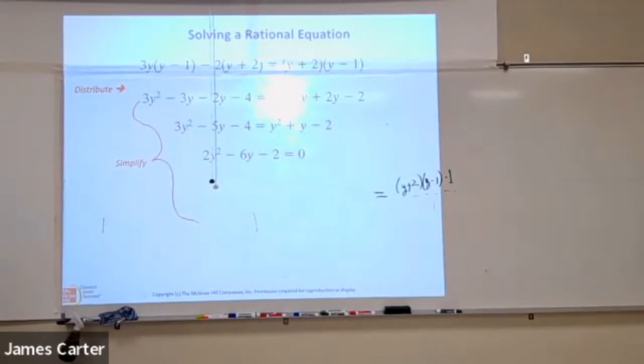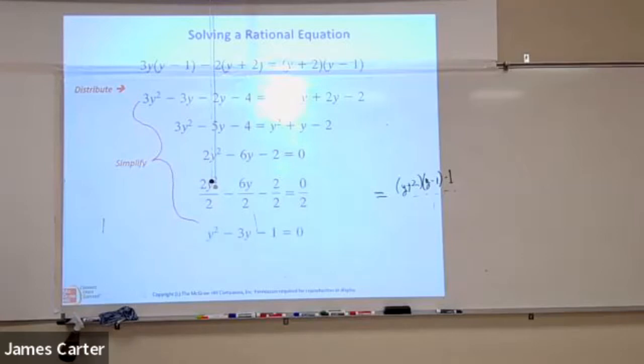Now, here is something I can either factor or use the quadratic formula on. In this case, what they did first is they see that 2 is a factor of everything, so they divided 2 out of everything, since 2 is in everything.